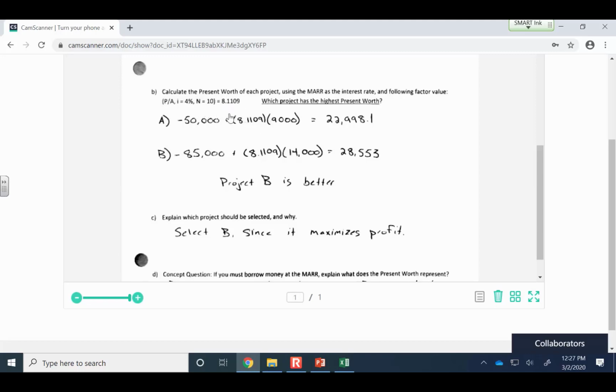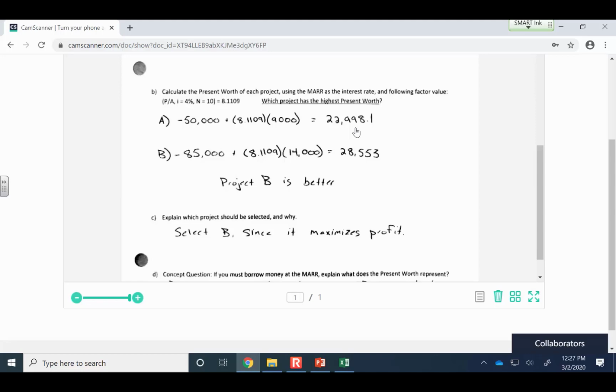So if we combine those two things together, combining the original purchase price and the present worth of the revenues, then the present value of option A, when discounted at 4%, which is our MARR, is $22,998.